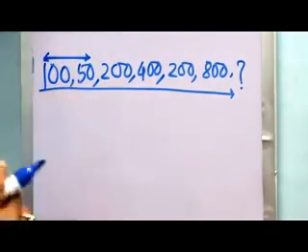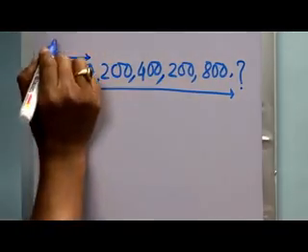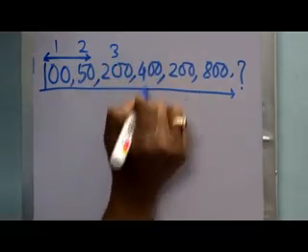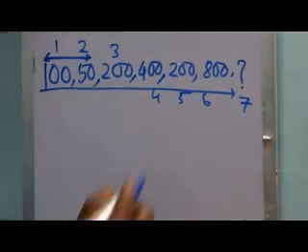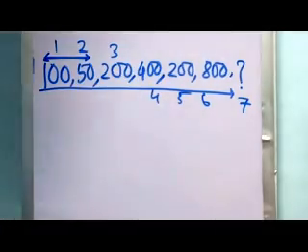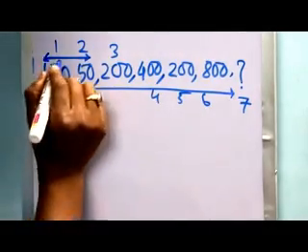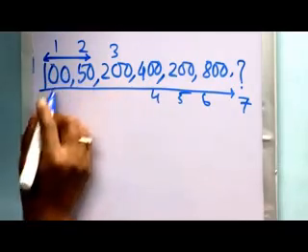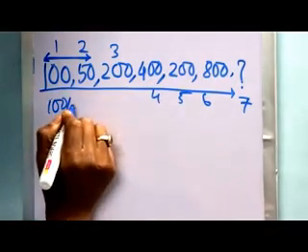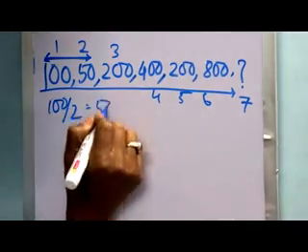If we denote each number as 1, 2, 3, 4, 5, 6 and 7, which we have to derive, what is the relation between the two consecutive numbers 1 and 2? 100 divided by 2 equals 50.